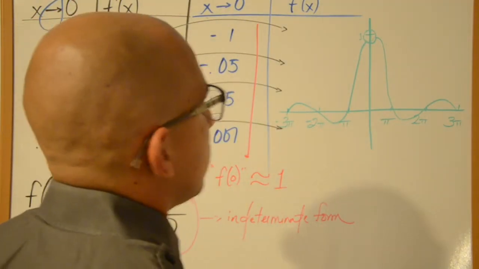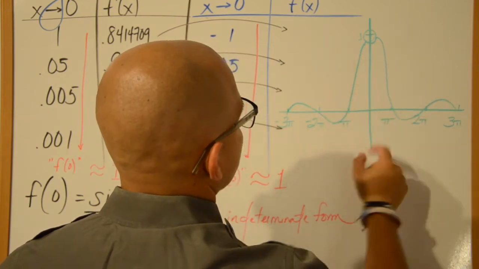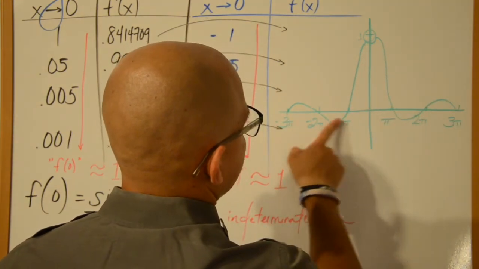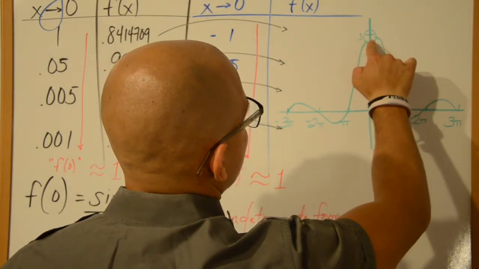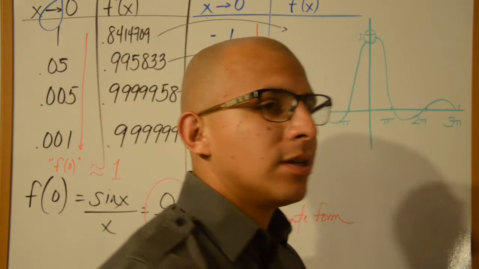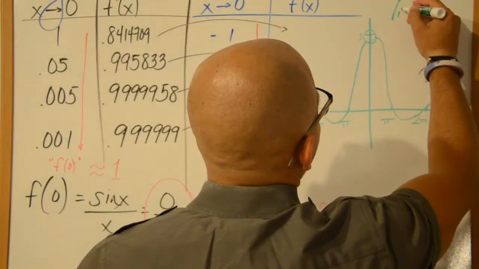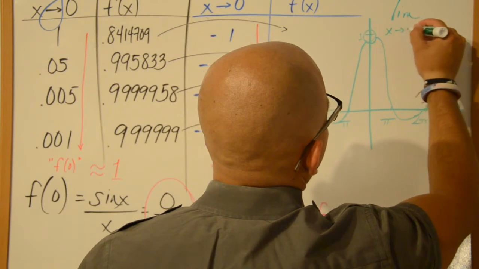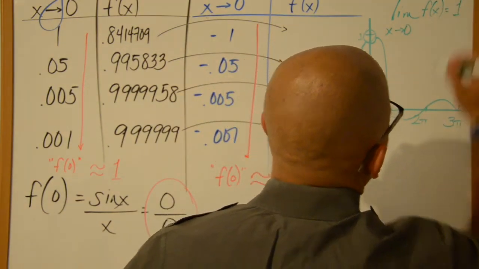But we can see that both from the right and the left, as we're approaching x equals 0, the behavior of the function is to tend towards 1, even though it is not defined at that value. So what we say is the limit as x approaches 0 of f of x is equivalent to 1.